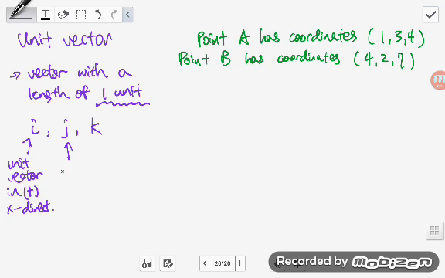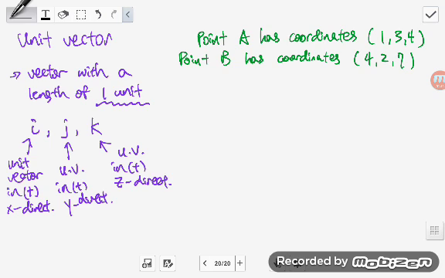My J is the unit vector in the positive y direction, and my K is the unit vector in the positive z direction. Okay, so we have come across these 3 already.